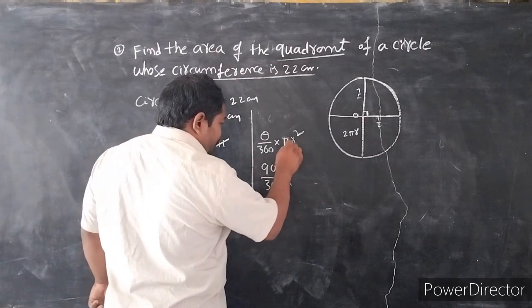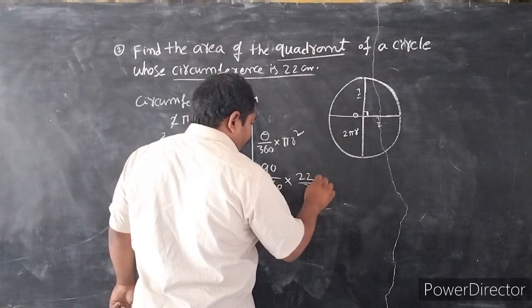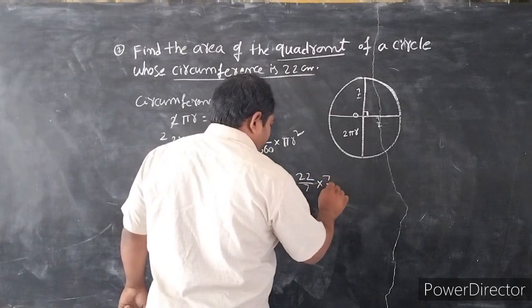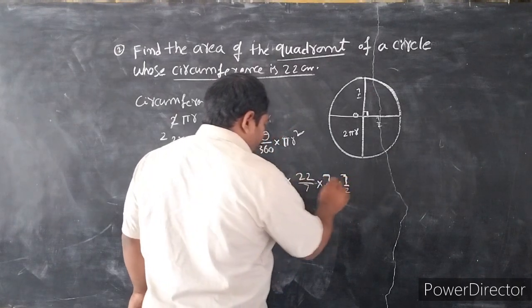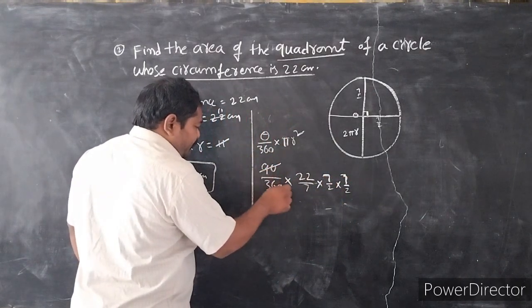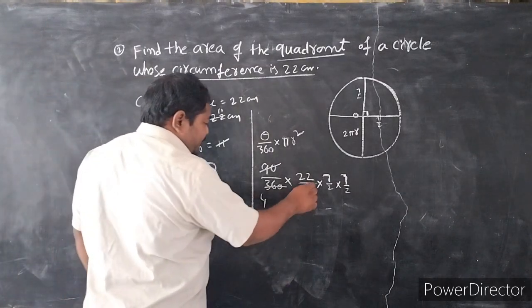90 by 360 into pi r square. Pi means 22 by 7, into r square stands for 7 by 2 into 7 by 2. 9 4s are 360. Next, 7 1s are 7.